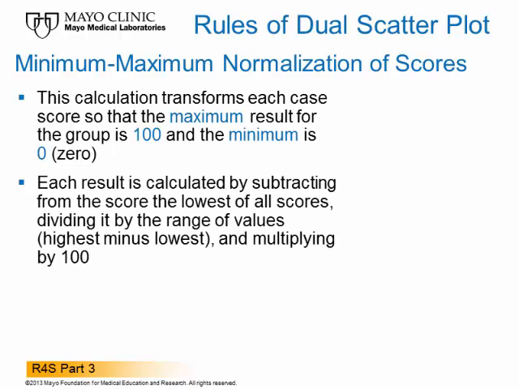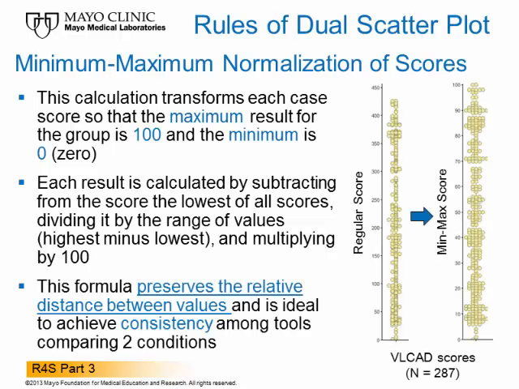Each result is calculated by subtracting from the score the lowest of all scores, dividing it by the range of values, highest minus lowest, and multiplying it by 100. As shown on the right side, this formula preserves the relative distance between values and is ideal to achieve consistency among tools comparing any two conditions with different numbers of informative markers.